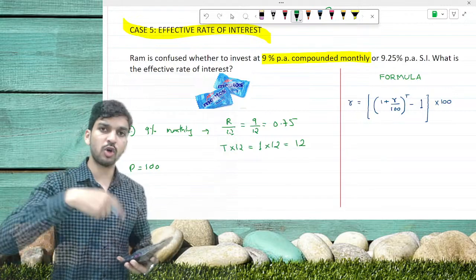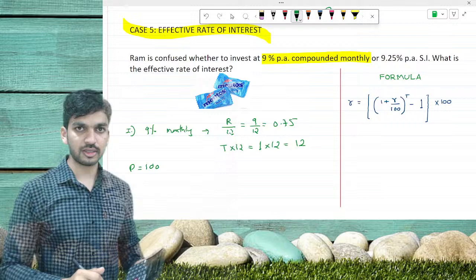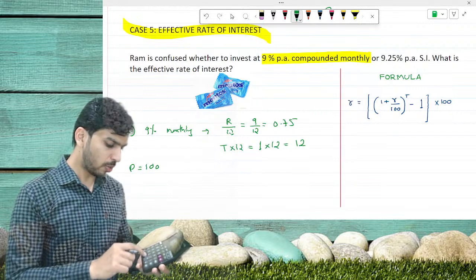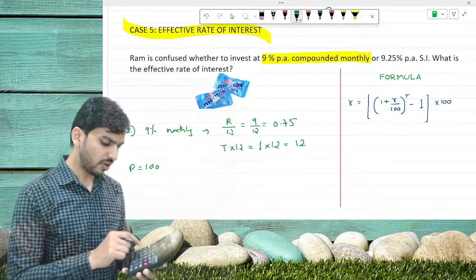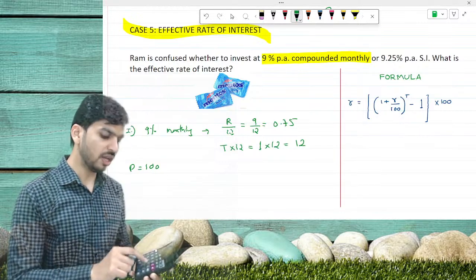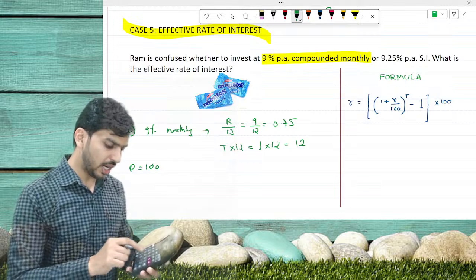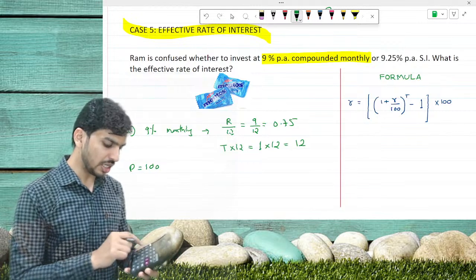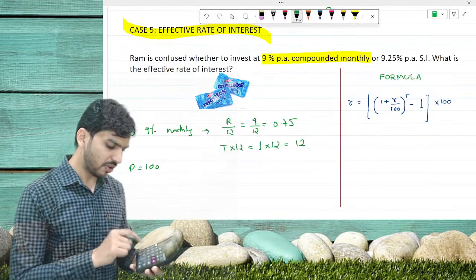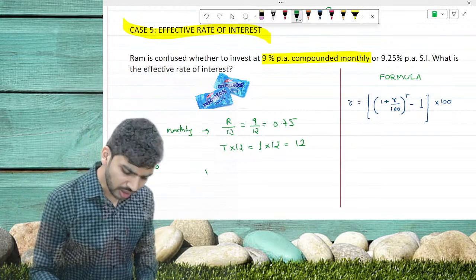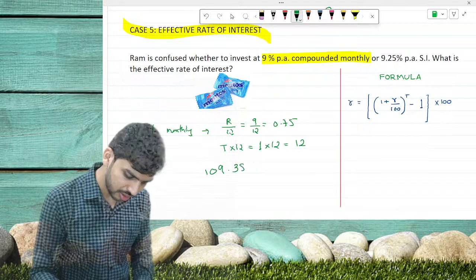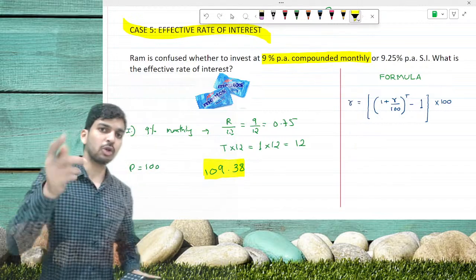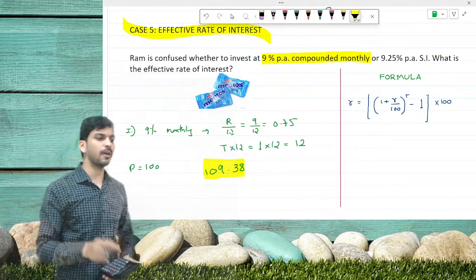Always keep a habit of solving this with me on your calculators. Plus 0.75% four times, five, six, seven, eight, nine, ten, eleven, twelve times. That is 109.38.